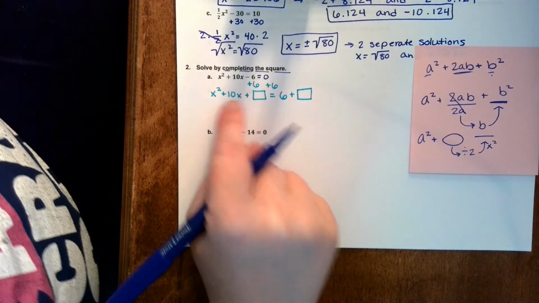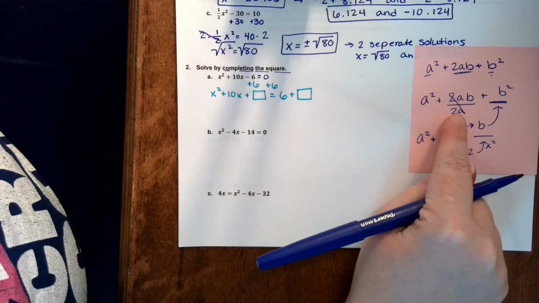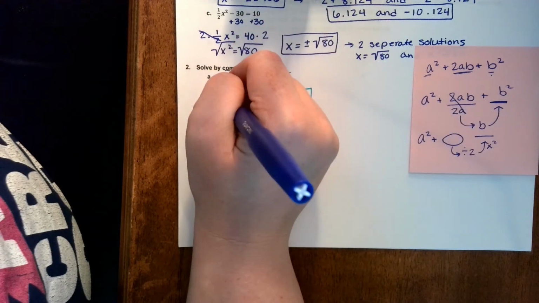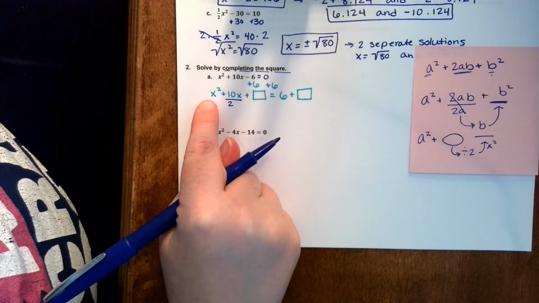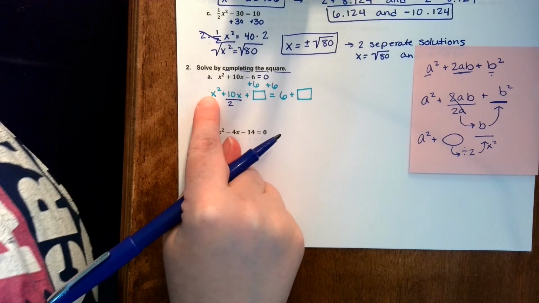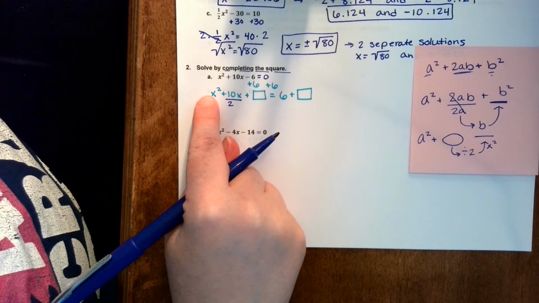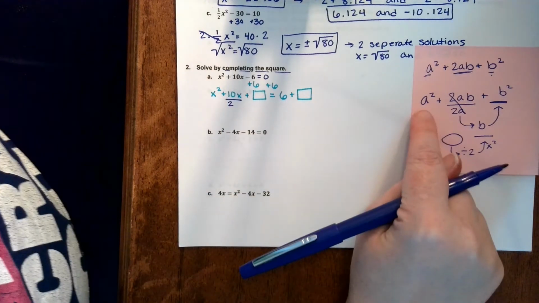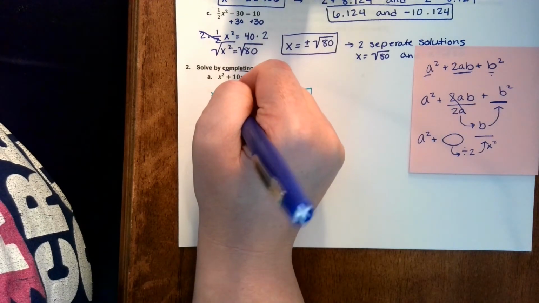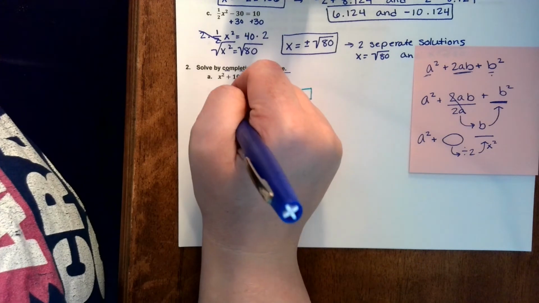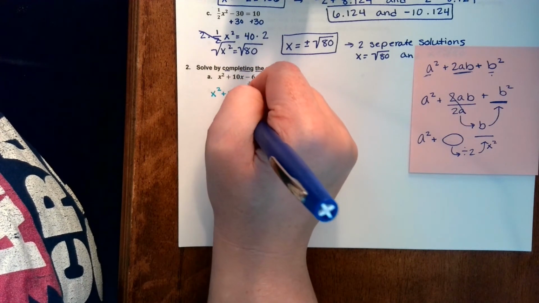So remember what I said. We're going to divide both sides by 2a. So 10 divided by 2, and then my a value, or whatever's here, this is x squared. So remember, this is a squared, right? So if I take the square root of that, that would just be x. So we're going to divide by 2x. 10x divided by 2x is 5.